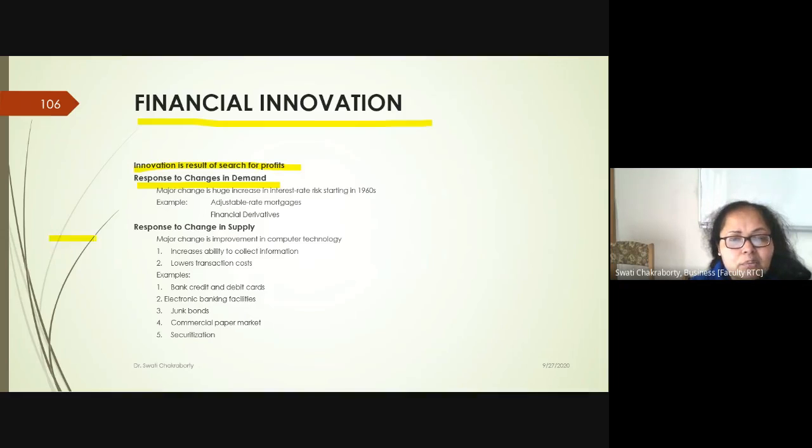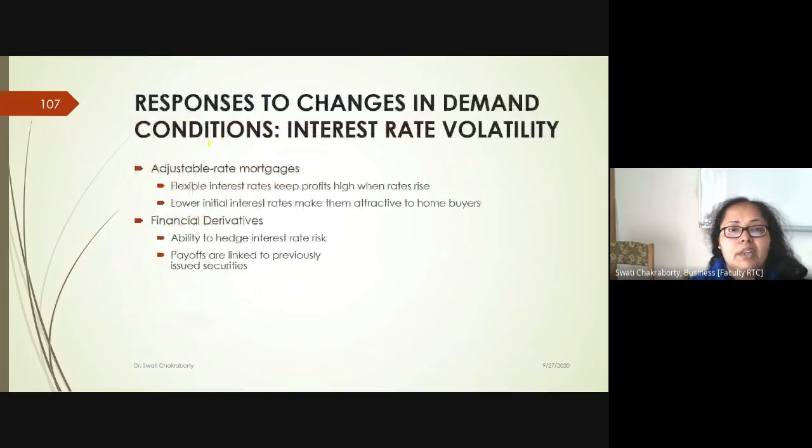Response to change in supply: the major change is improvement in computer technology, which helps in increasing the ability to collect information and lowers the transaction cost. Some examples are bank credit and debit cards, electronic banking facilities, junk bonds, commercial paper market, securitization.